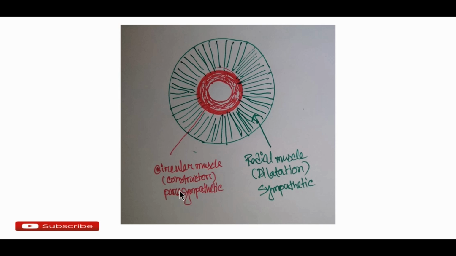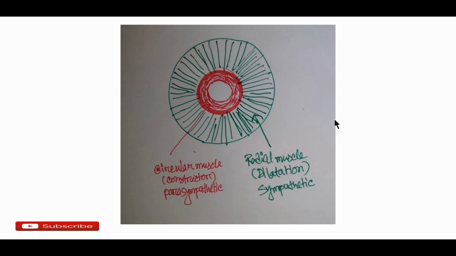As the parasympathetic fibers for the constrictor pupillae are conveyed by the oculomotor nerve, if there is a lesion in the oculomotor nerve, the parasympathetic fibers for the constrictor pupillae will also be damaged and the constrictor pupillae cannot work. So the radial group of muscle, which is supplied by the sympathetic nerve, will take the upper hand and the pupil will remain dilated.